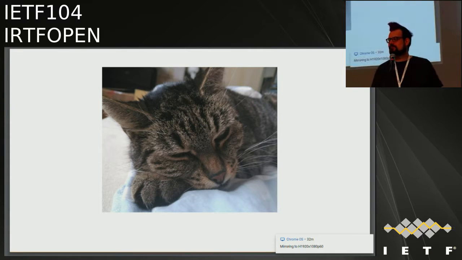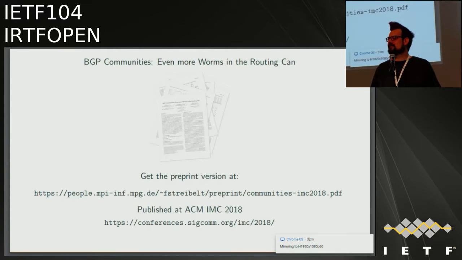Well, not so much a question, but one comment: when you say there is no authenticity, that is not completely true. One has to recognize here that the community system is offering a range of options where operators can be creative.